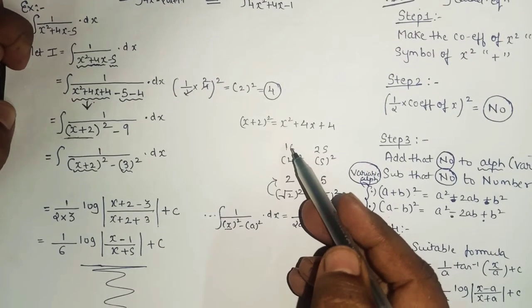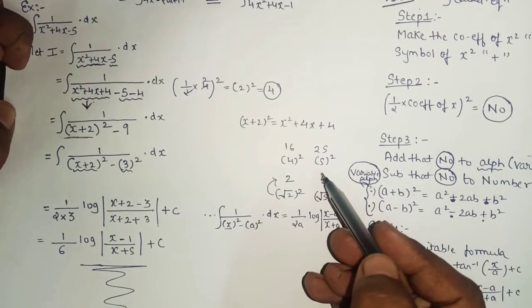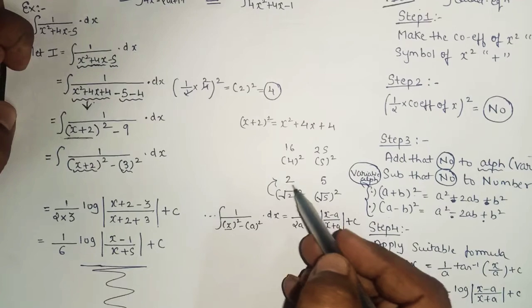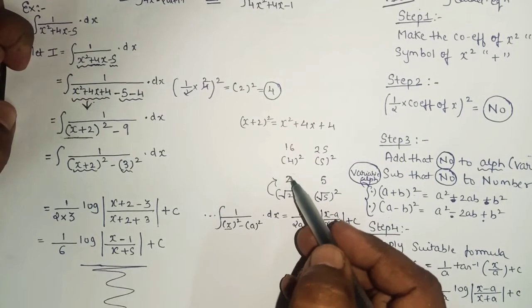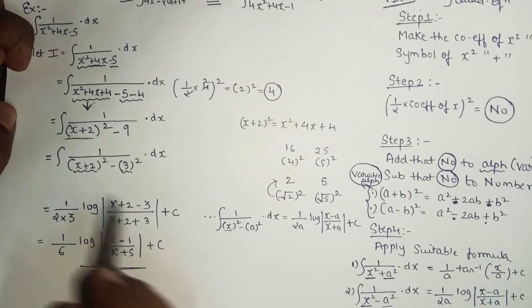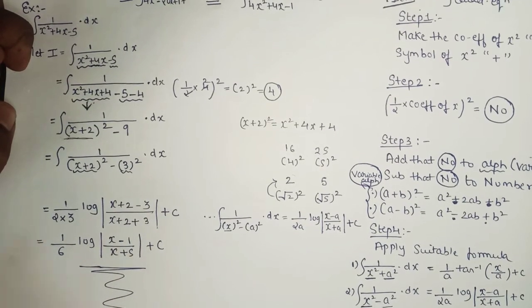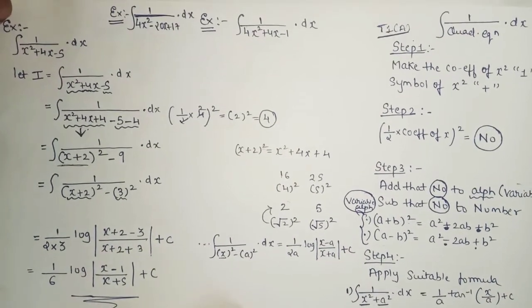If we come across 16, we can write 16 as 4 square. 25 we can write as 5 square. 2, we don't have a square root of 2, so 2 can be written in the next step as root 2 the whole square. Then apply the suitable formula, a basic algebraic adjustment, and then write your answer. So now we'll take one more example based on this.